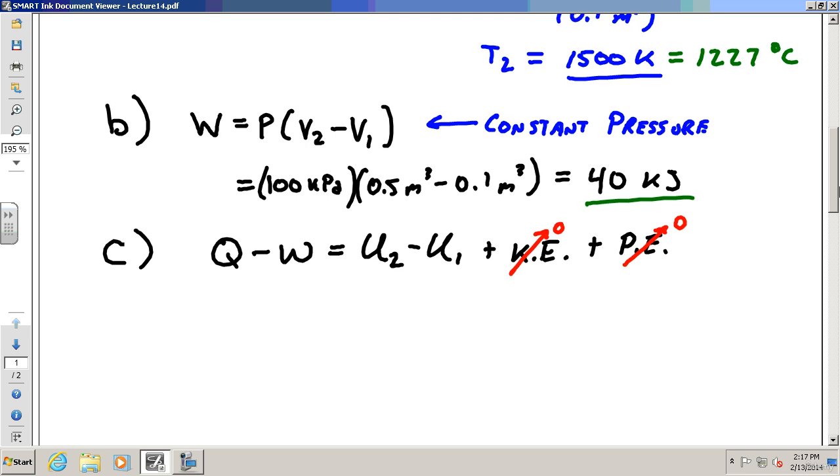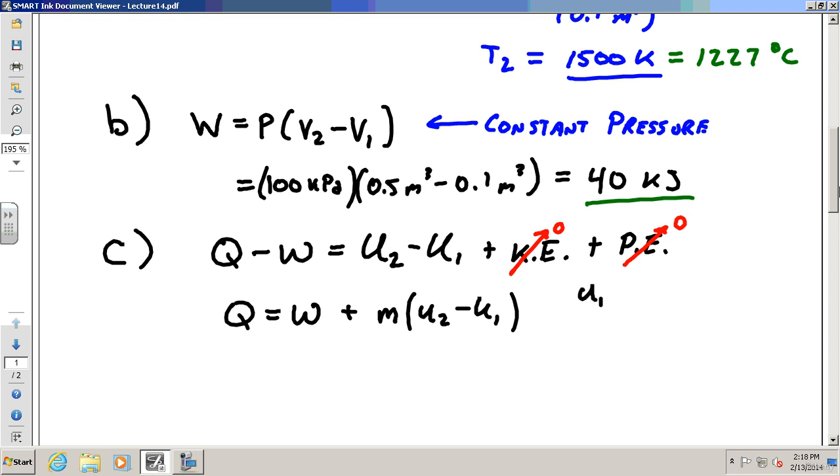And let me manipulate this. I think you all agree with me, right? That I can just put the W to the other side. That's not crazy, right? And then big U2 minus big U1, I'm going to change that a little bit and rewrite this like this. I'm going to say Q is equal to W plus the mass times little u2 minus little u1, like that.